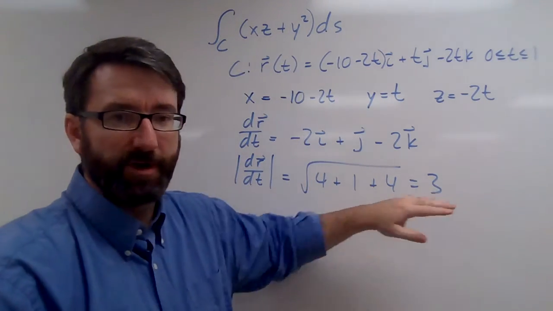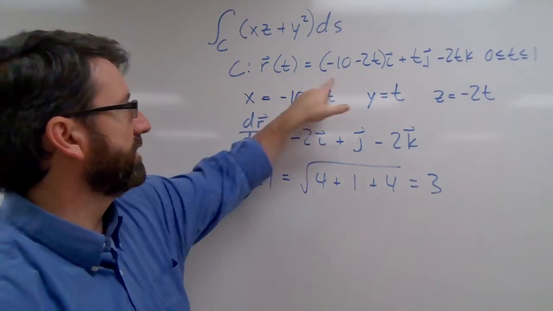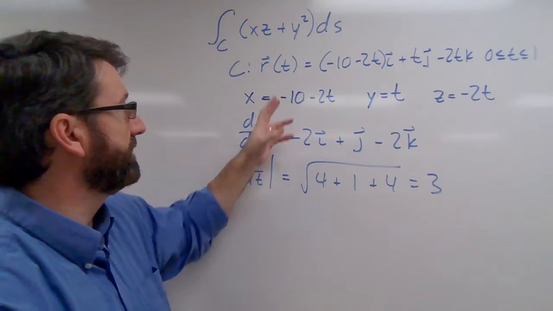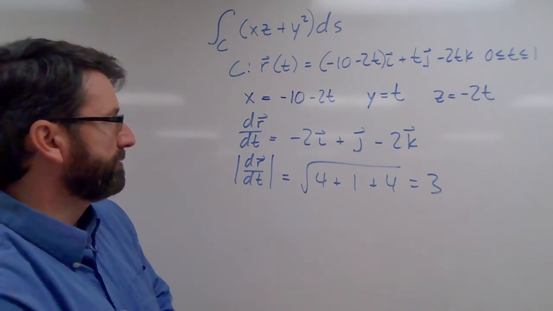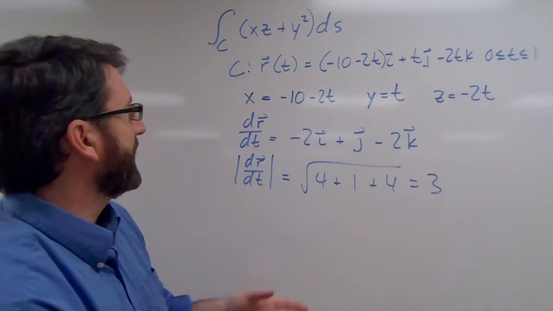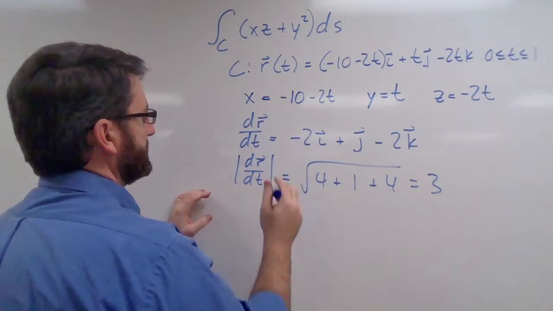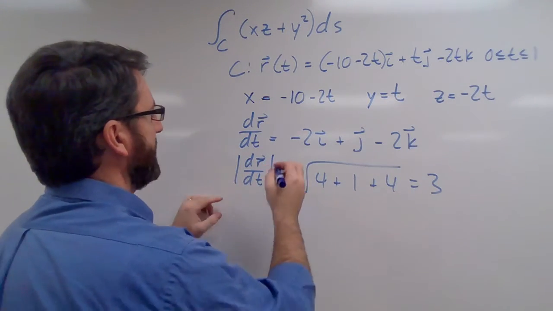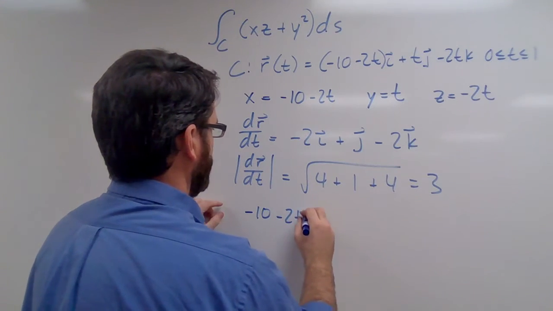So what we found so far is the magnitude of the derivative of the position vector, so the magnitude of the velocity vector. And now let's put this in terms of t. So if we've got x times z, here's x, so negative 10 minus 2t.